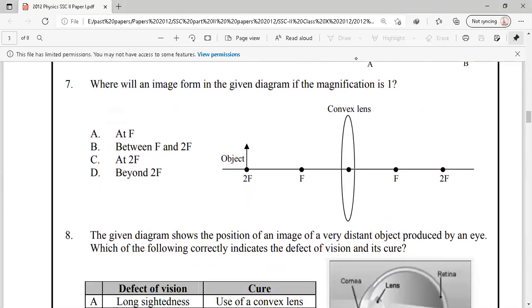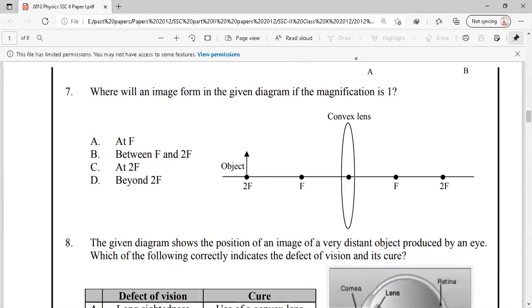Then we have question number 7. Where will an image be formed in the diagram if the magnification is 1? In this question, we have two hints for the correct answer. One is that the object lies at 2f. So we can identify the position of the image in this diagram.